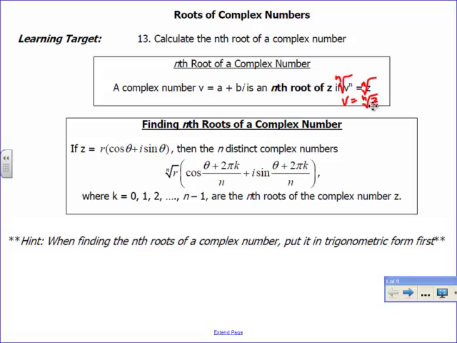Here's how the formula works. It's similar to de Moivre's in general form, but it just has one little extra quirk. So finding the nth root of a complex number, you have the trig form of a complex number, r cosine theta plus i sine theta. If you want to find the complex numbers that are the roots of that, then you take the nth root of your r.